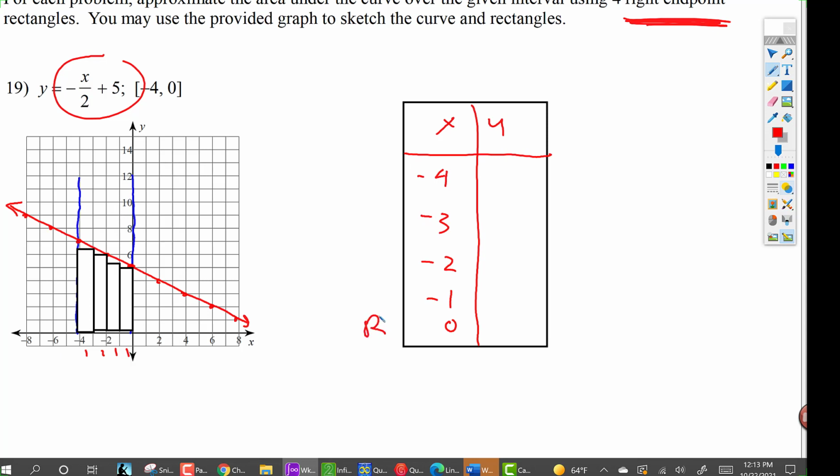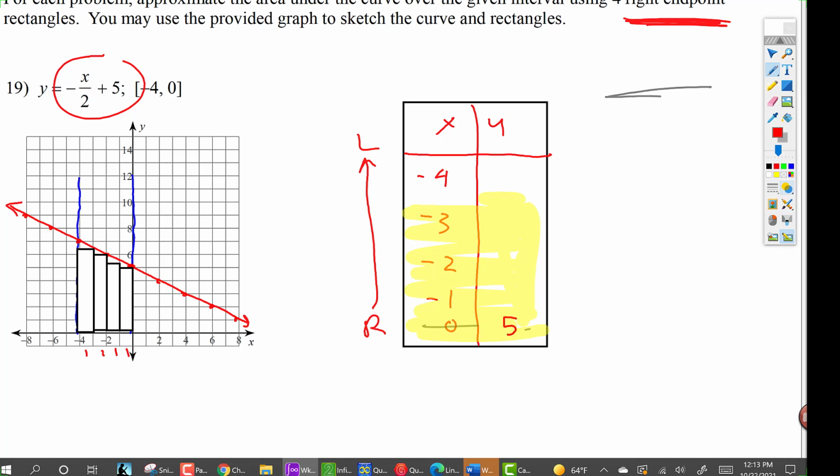But now we're going from right to left, and we're only using those 4. So when we plug 0 into this, 0 plus 5, we're at a height of 5.